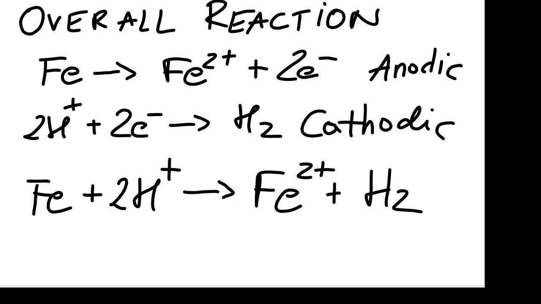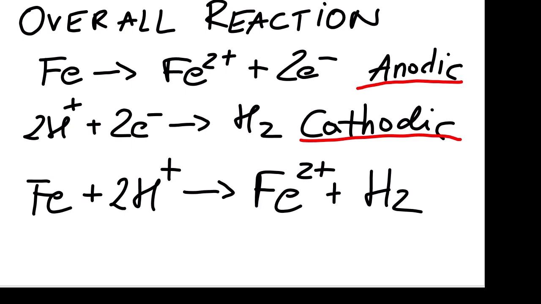Let's see it on the example of the oxidation of iron and reduction of hydrogen. The anodic reaction is the oxidation reaction, and the cathodic reaction is the reduction reaction. Let's divide these two, anodic and cathodic reactions, into substrates and products.